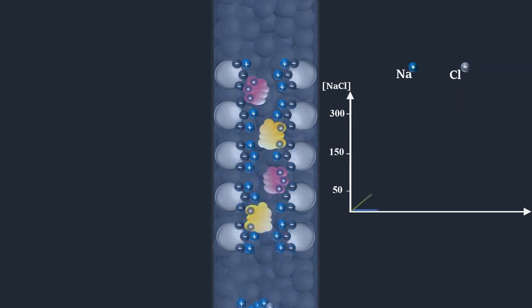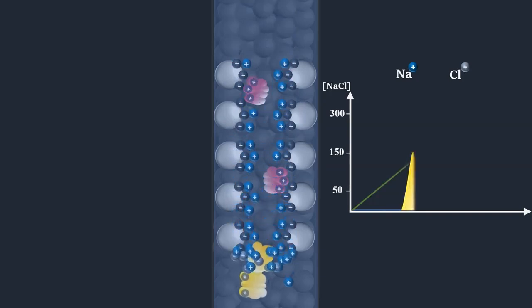Protein C is still positively charged, consequently still retained. Next, protein C can be eluted if we apply a buffer with a pH above its isoelectric point, so it becomes negatively charged and will pass through the column.